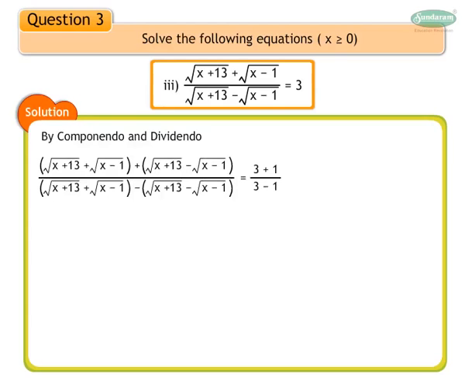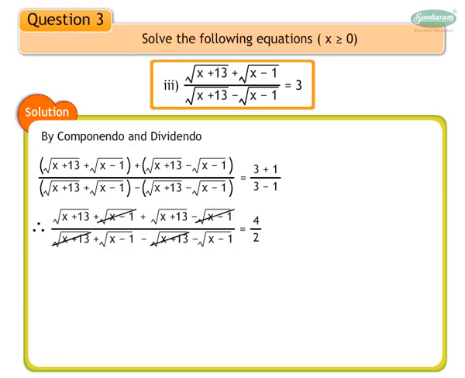Hence, ((√(x + 13) + √(x − 1)) + (√(x + 13) − √(x − 1)))/((√(x + 13) + √(x − 1)) − (√(x + 13) − √(x − 1))) = (3 + 1)/(3 − 1).